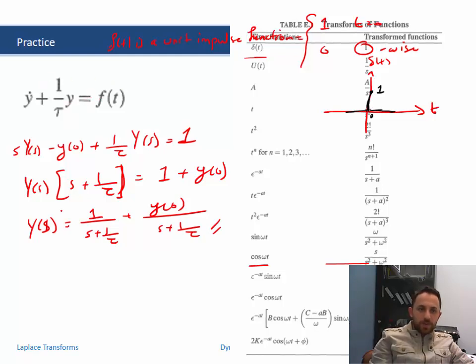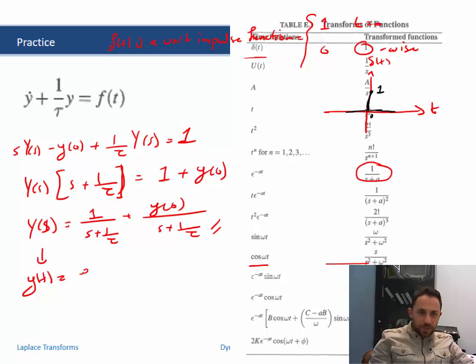Now the objective is to determine actually y(t). Simply, you can do the opposite. So you search for the s domain and try to figure out the time domain. So y(t) is the inverse of this. Okay, so we will search: 1 over s plus a gives e power minus a t.